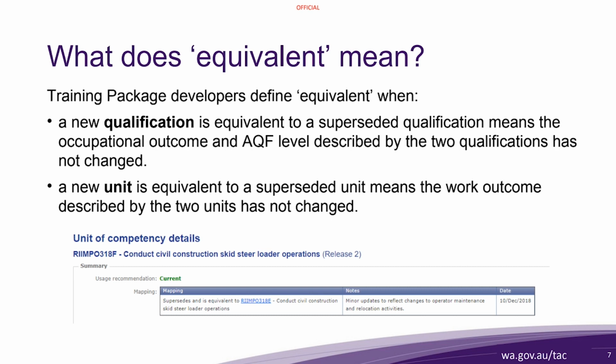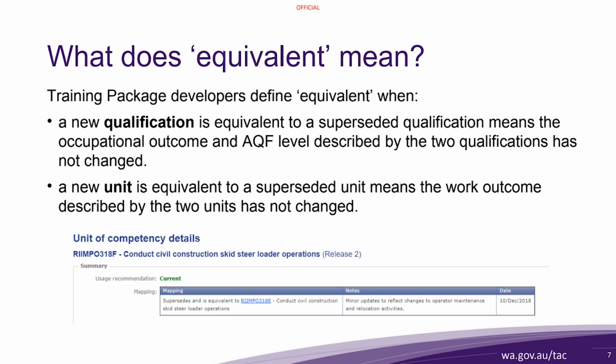That is not you, although we're going to suggest that you do need to do this, but it's the requirement of the training package developers to do a mapping of the old unit and its superseding unit to determine that it has the same elements, performance criteria, performance evidence, and knowledge requirements. And that means you are able to judge whether the work outcome of two units of competency hasn't changed, because of the content of the unit of competency.